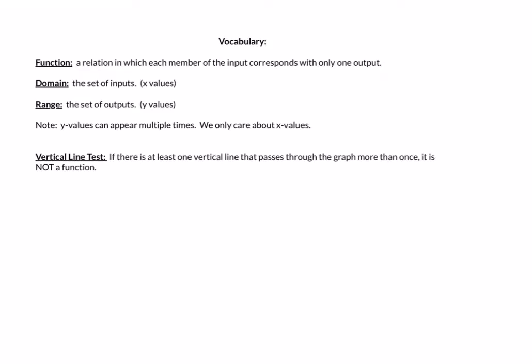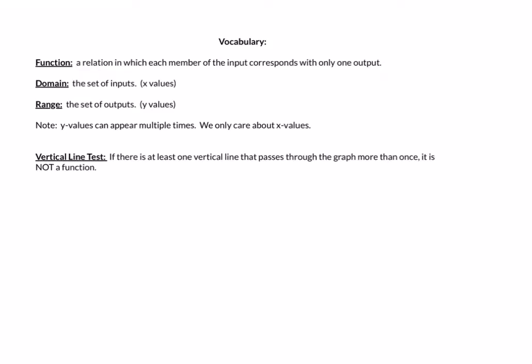So for instance, an example of a function is, can you be in two places at one time? And the answer is no. You can either be here or there, but you cannot be in two places at one time. So if we treat you as an input and where you are as the output, that is an example of a function.